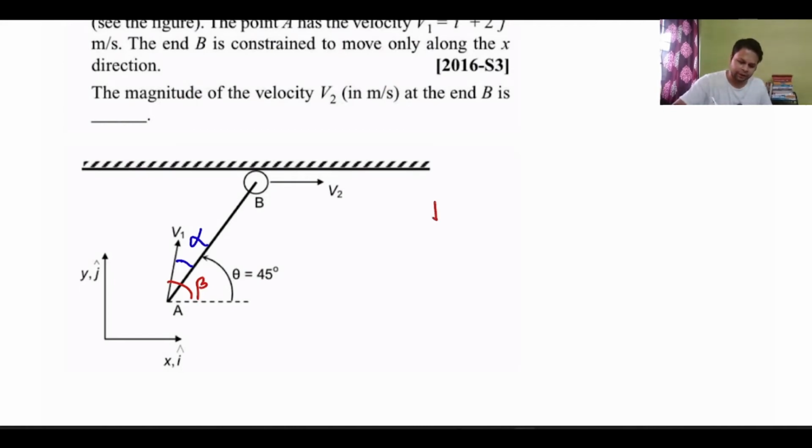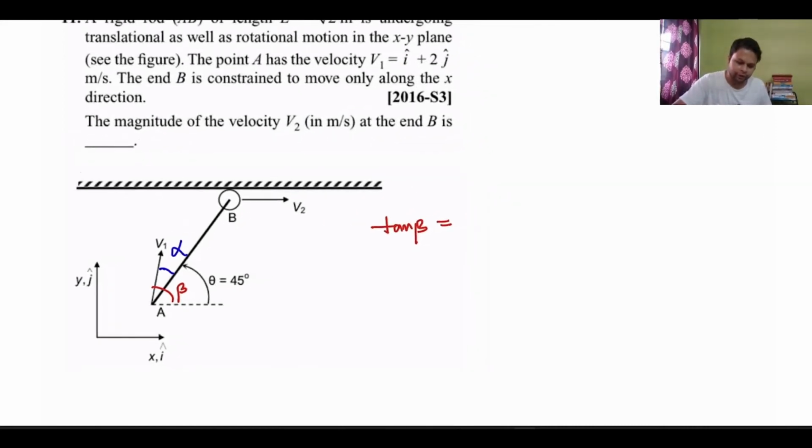Yes, definitely. Tan beta is equal to perpendicular by base. Now see, the velocity v1 is equal to i cap plus 2j cap. So perpendicular is definitely the j cap component, 2, divided by the i cap component, base, 1. So from here you'll get the value of beta.